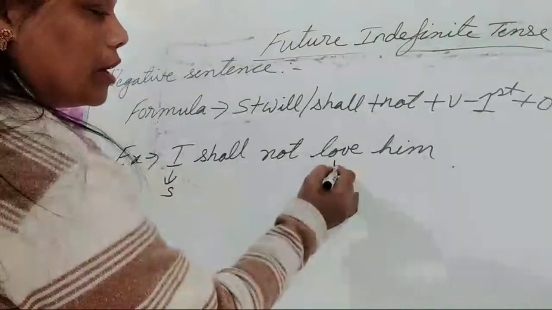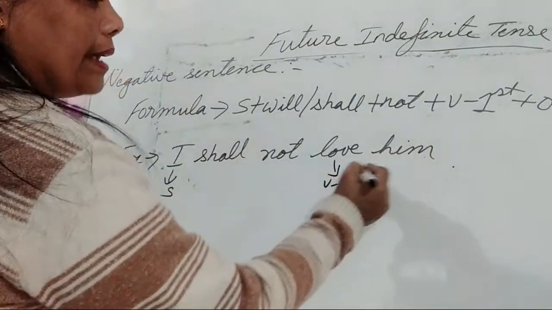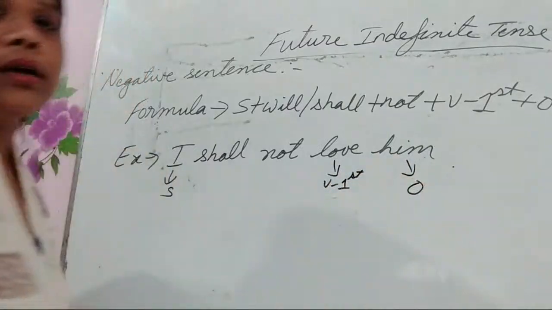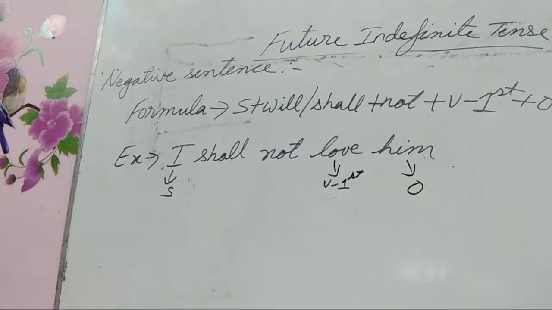Love is the verb of first form and him is the object. So according to the formula, the example is I shall not love him. This is the example of negative sentence in future indefinite tense. Now let's see the formula as well as the example related to the interrogative sentence in future indefinite tense.